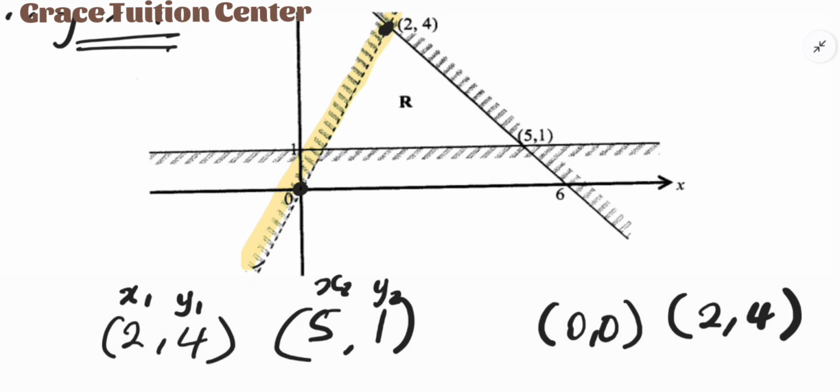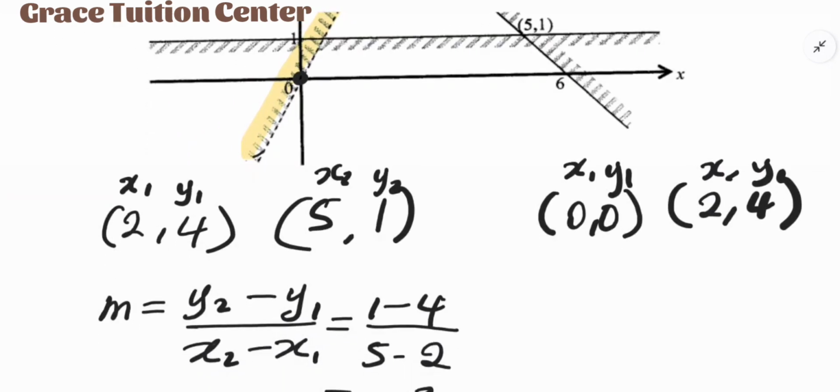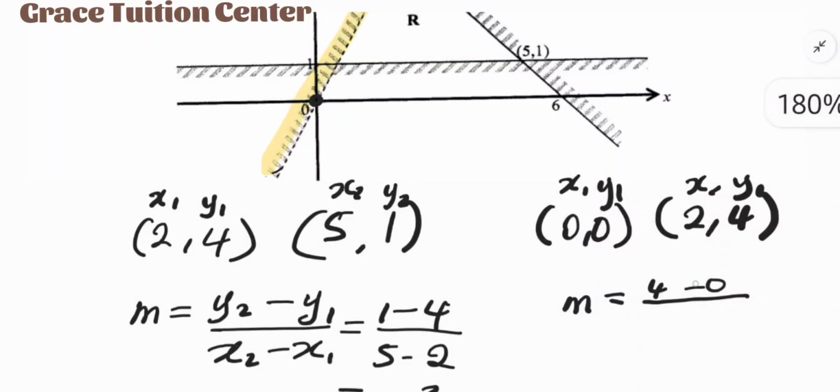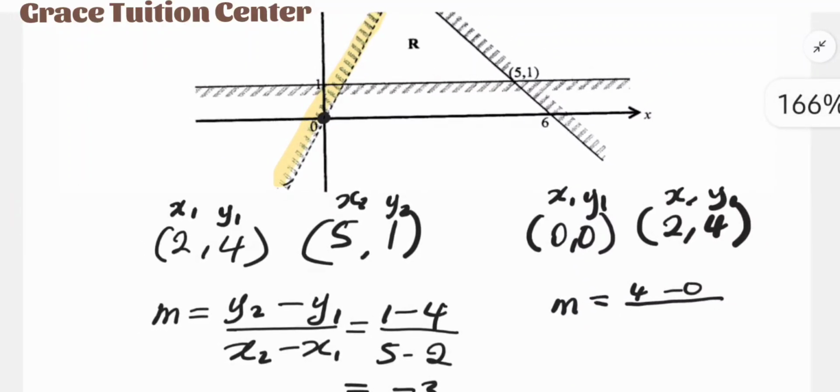With these 2 points now, I can go ahead and name this one x1, y1, x2, y2 there. So meaning that our gradient using this formula here is y2 minus y1, which is 4 minus 0, over x2 minus x1, which is 2 minus 0.